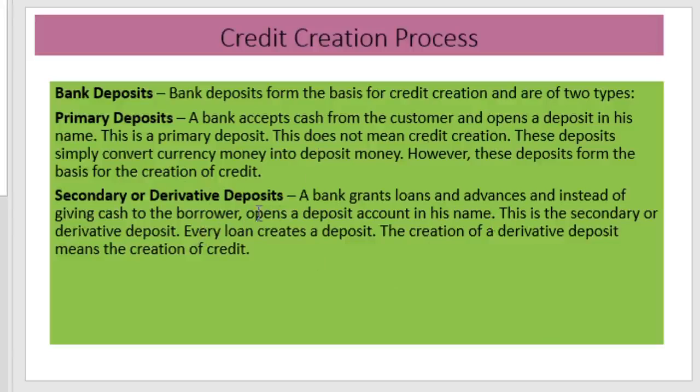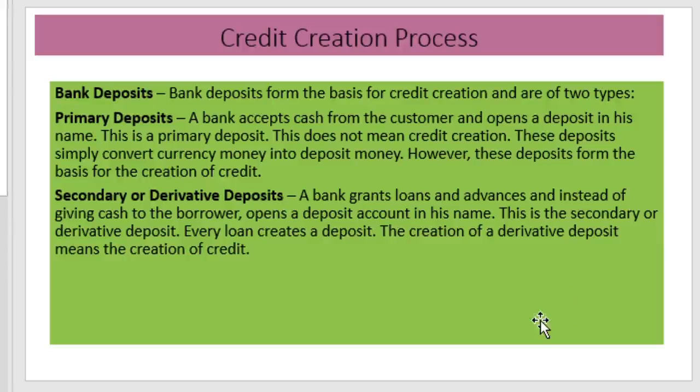The bank opens an account, and the bank deposits that loan amount in his account. That deposited amount is known as the derivative deposit. We all know that when a bank sanctions a loan, a separate loan account is created, and the bank will deposit the amount into that account.